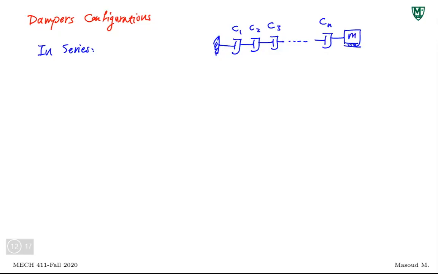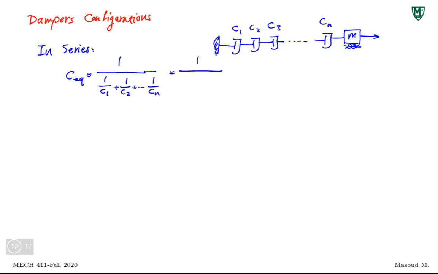For now, just forget about the spring. I just want to look at the dampers. Now, we can find the C equivalent, or just one damping that is equivalent to all these dampings in series, which is 1 over C1 plus 1 over C2, up to 1 over Cn.